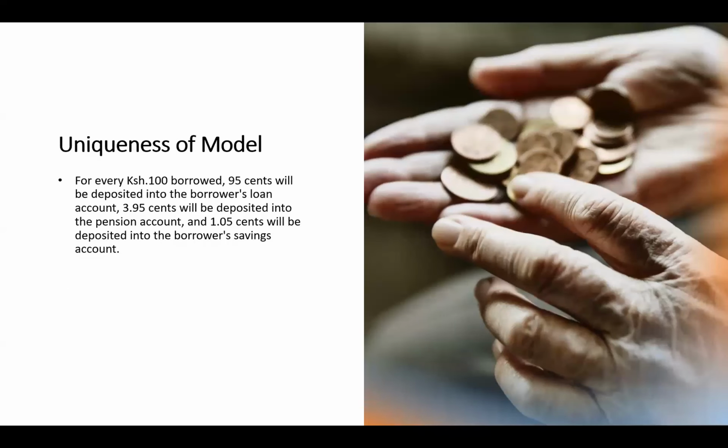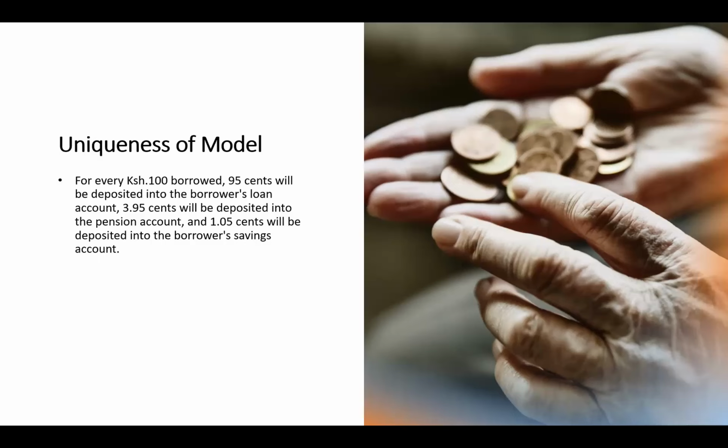For those who don't know, for every 100 shillings you borrow, 95% will be deposited into the borrower's loan account. About 3 shillings will be deposited into the pension account, and 1% will be deposited in the borrower's savings account.